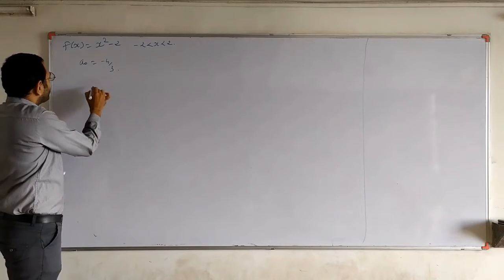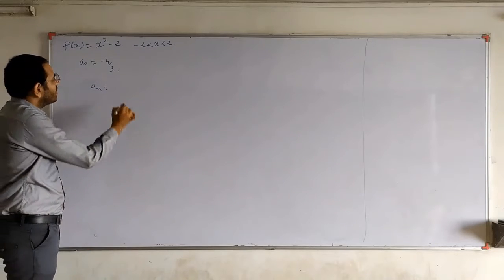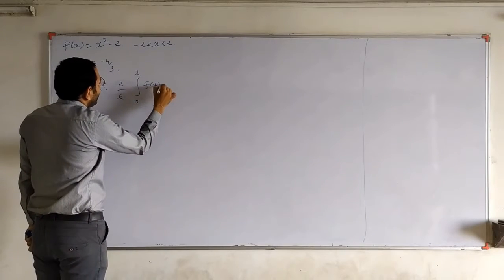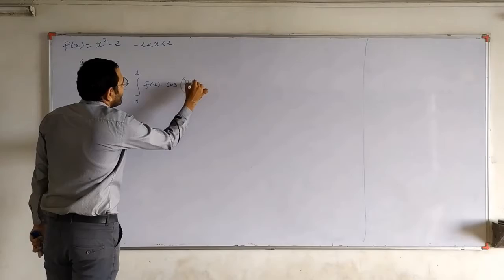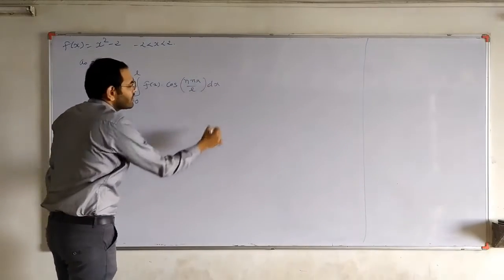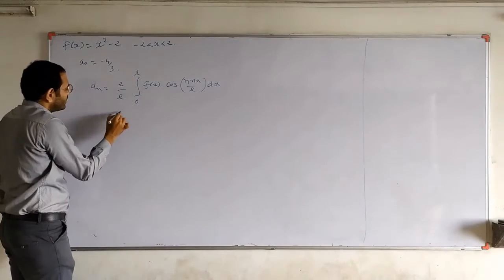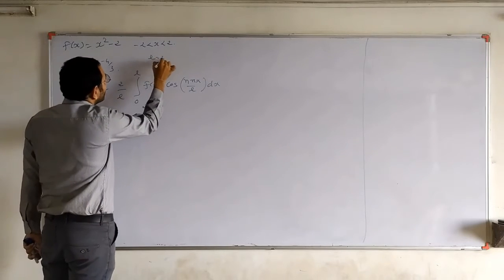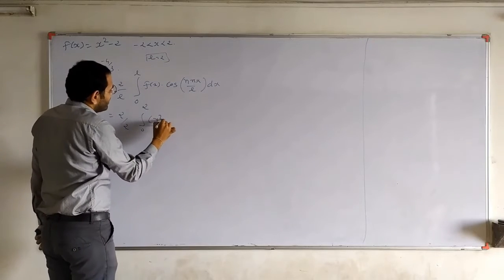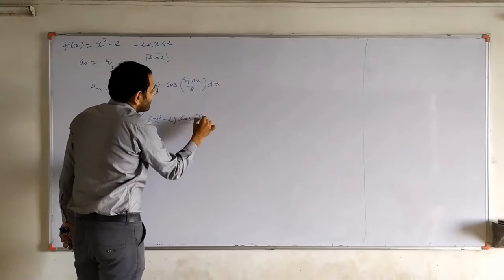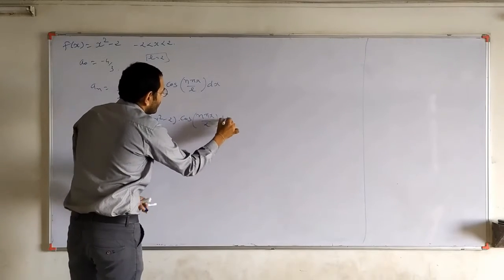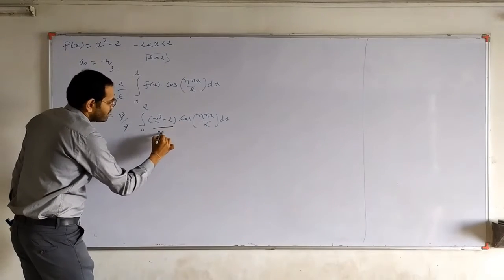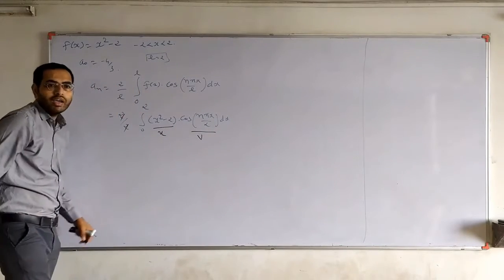Similarly, we have to find an. The formula is 2/L times the integral from 0 to L of f(x) cos(nπx/L). Substituting L = 2, we have the integral from 0 to 2 of (x² − 2) cos(nπx/2). The 2s cancel out. Let this term be u and this term be v.